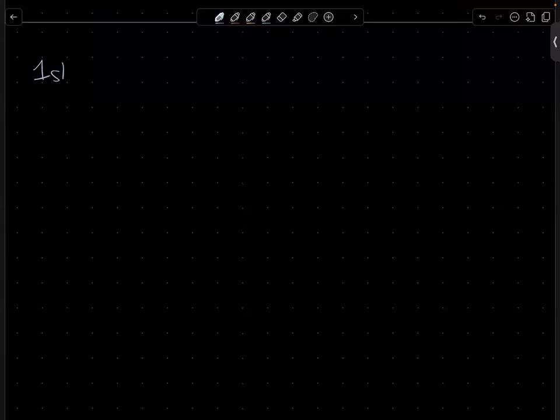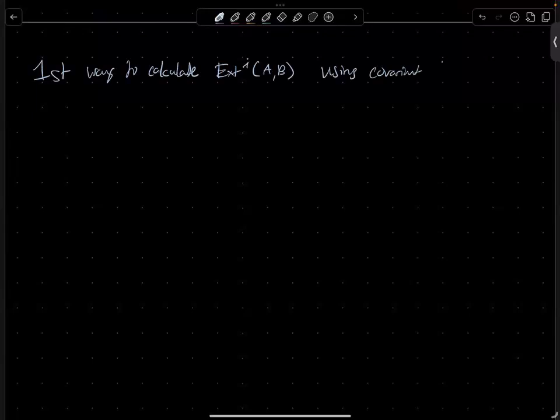So let's talk about the first way to calculate Ext i A B using our covariant Hom functor. This is Hom A dash.